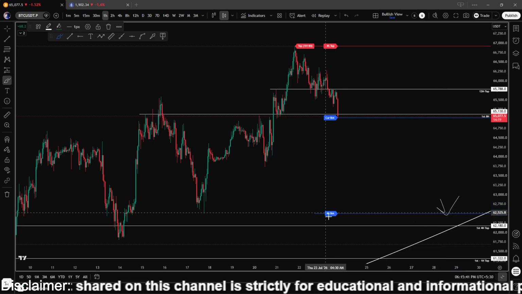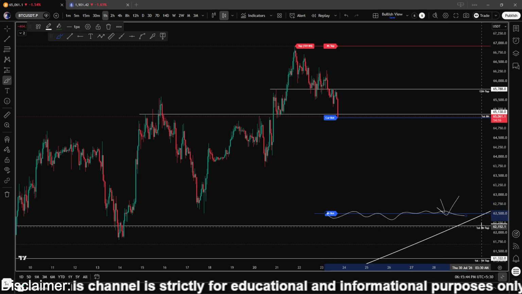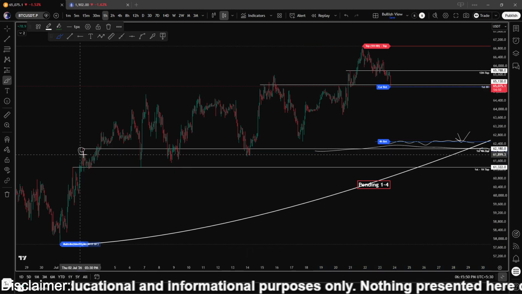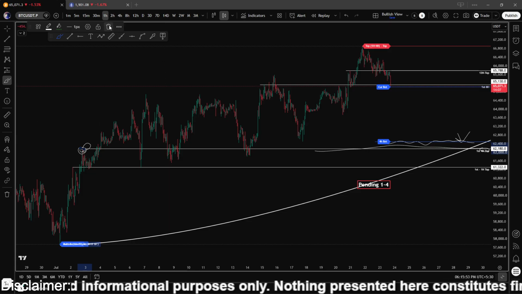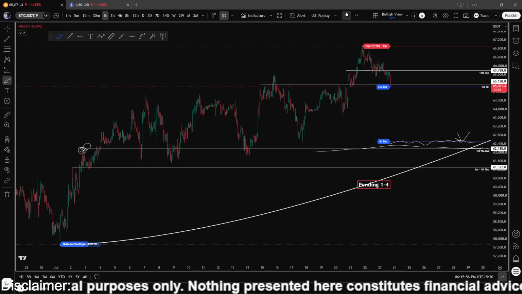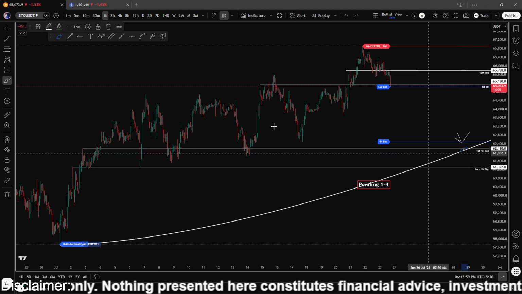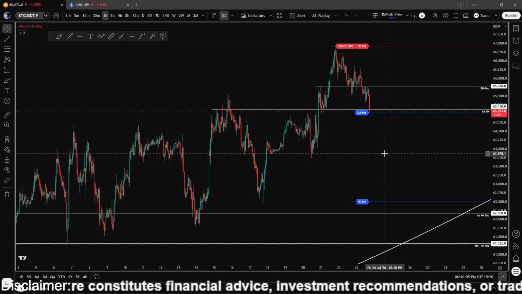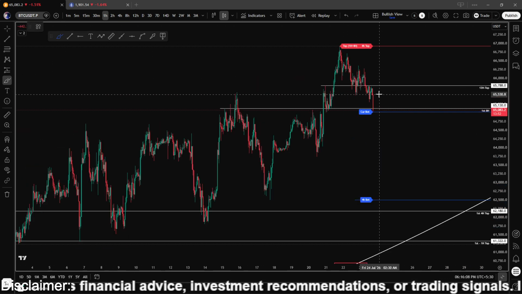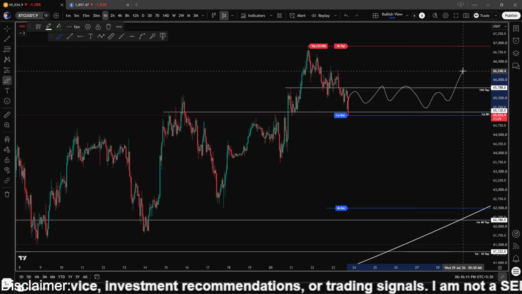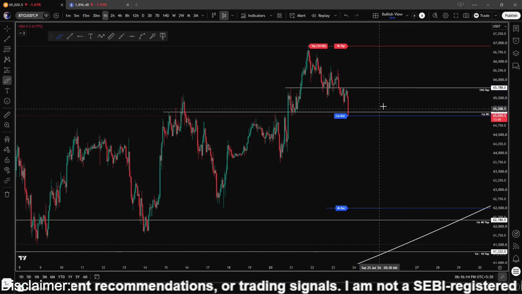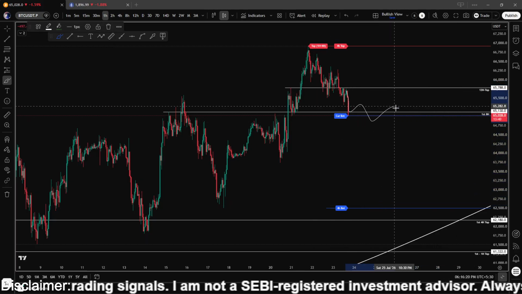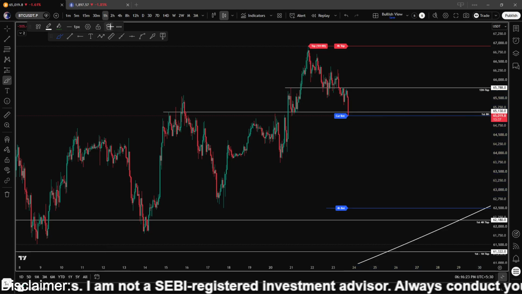This bottom is also above this 4 hour top, the first top that BTC has broken through. So on that basis, I am assuming that after some consolidation here, after a while price may come back down to take support here, and in between the price may do some sort of a move like this.